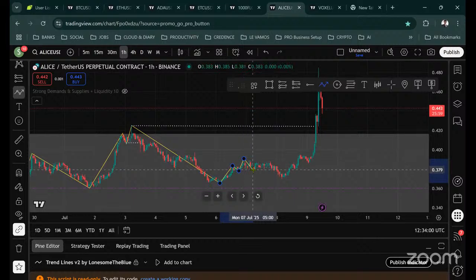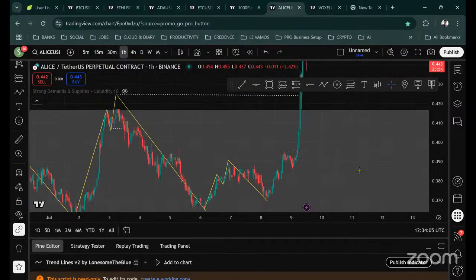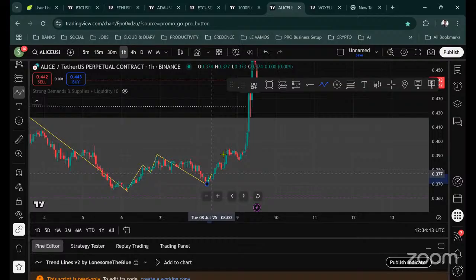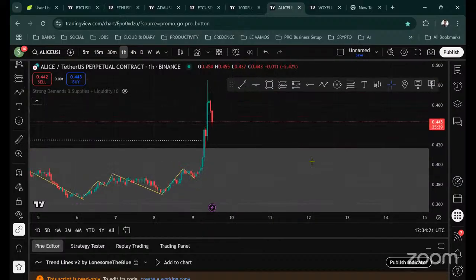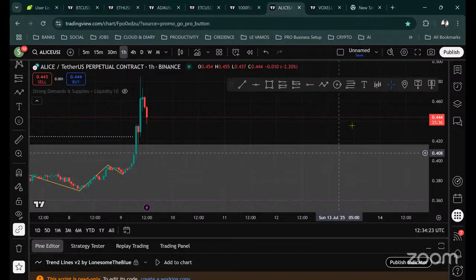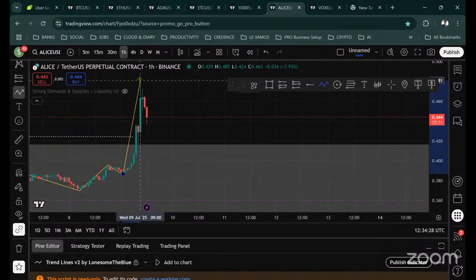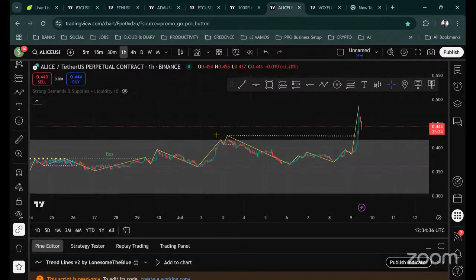So probably this is the end point here. Yes. Now it is right away coming up to here. So this is the scenario right now.